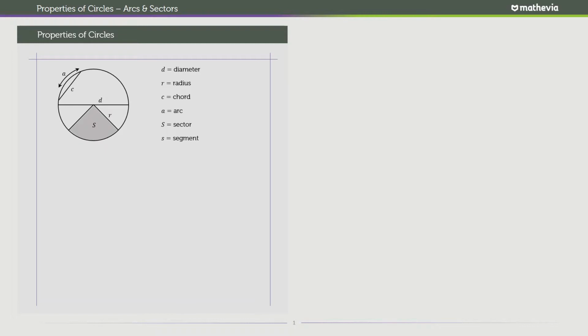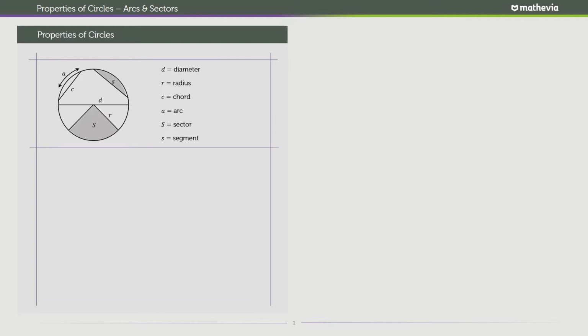Basically, a segment is any part of the circle that you cut out, usually using the chord, and you have this as a segment of the circle. It could be cut from anywhere on the circle. It does not go to the center the same way the sector does. So you have a segment there, and that's pretty much it.